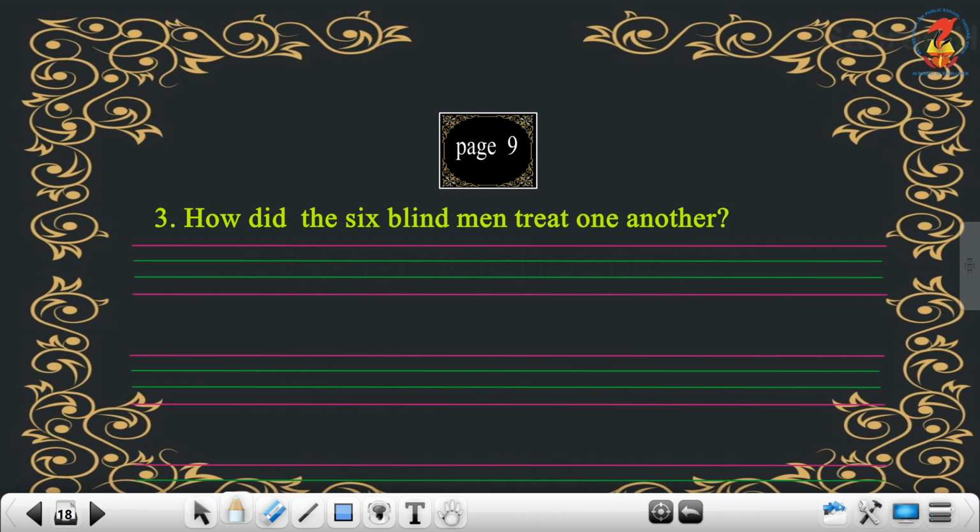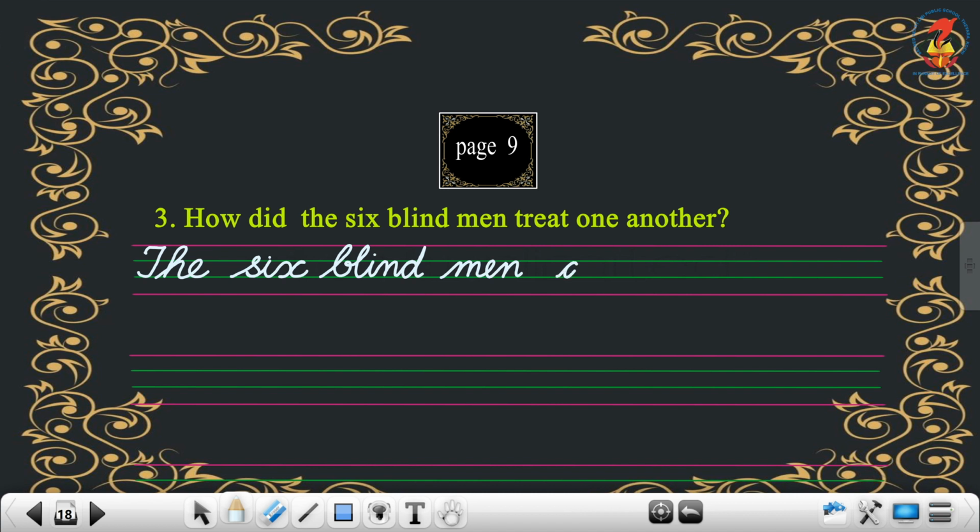The 6 blind men. T-H-E, the. S-I-X, 6. Blind men. B-L-I-N-D, blind. M-E-N, men.